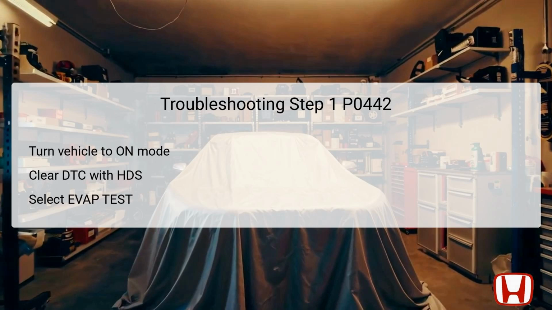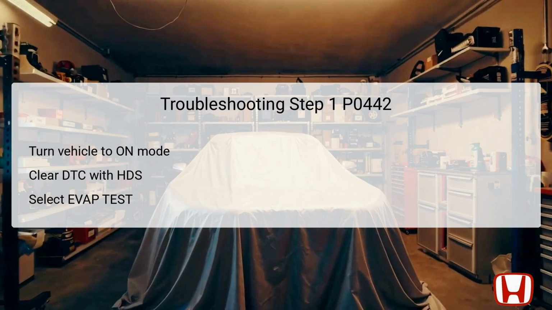The first step in troubleshooting the DTC P0442 involves verifying the problem through a series of systematic checks. Begin by turning the vehicle ignition to the on mode without starting the engine, ensuring all electrical systems are active for testing. Next, connect the Honda Diagnostic System, HDS, tool, which facilitates communication with the vehicle's onboard computer.